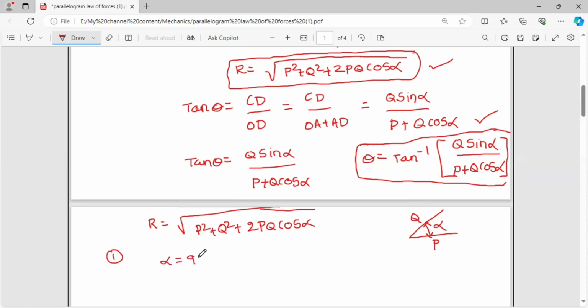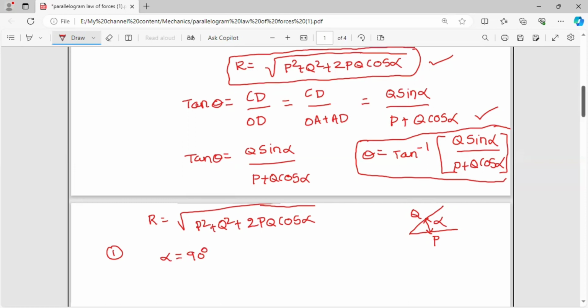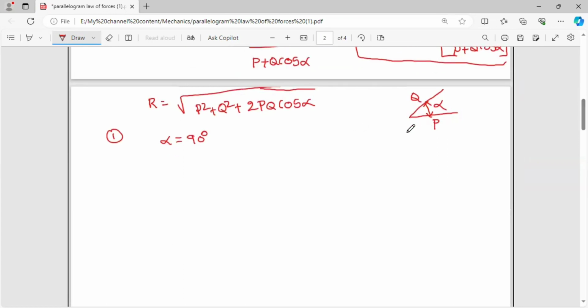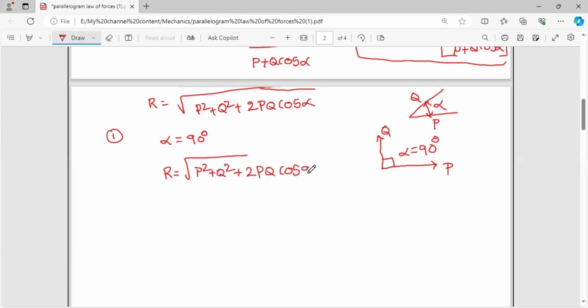If alpha equal to 90 degrees, that means the two forces are acting perpendicular to each other, one a horizontal force and the other a vertical force. Then R equal to square root of P square plus Q square plus 2PQ cos 90.